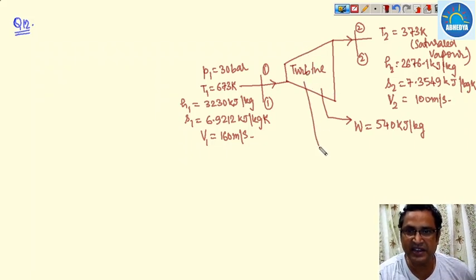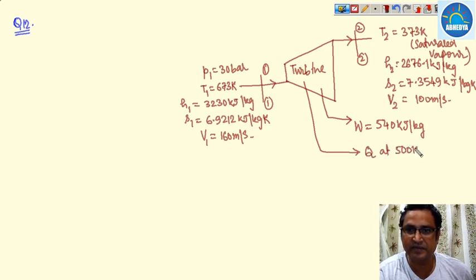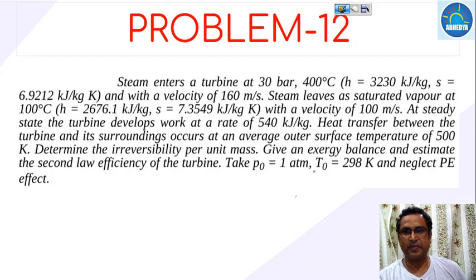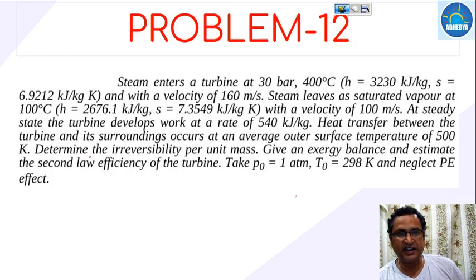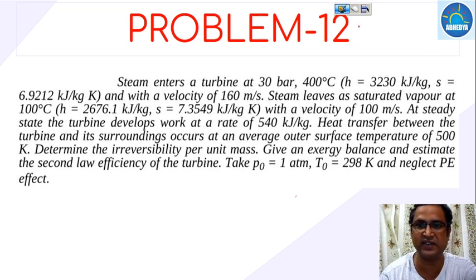Now I am taking that heat is transferring Q at 500 Kelvin. Determine the irreversibility per unit mass, that we have to calculate, and give an exergy balance and estimate the second law efficiency. Take initial condition as 1 atmosphere and 298 Kelvin, neglecting the potential energy effect.